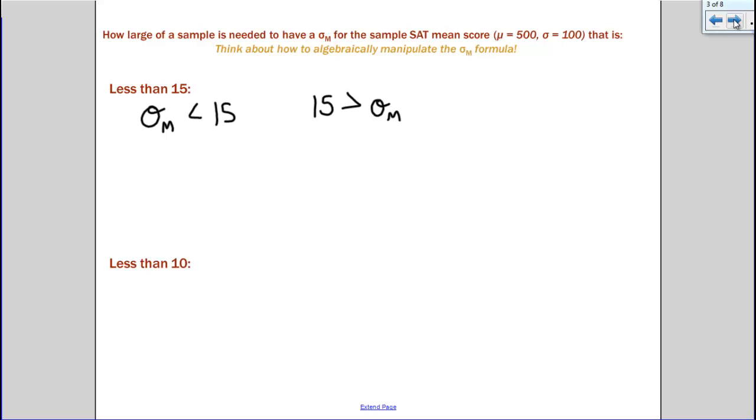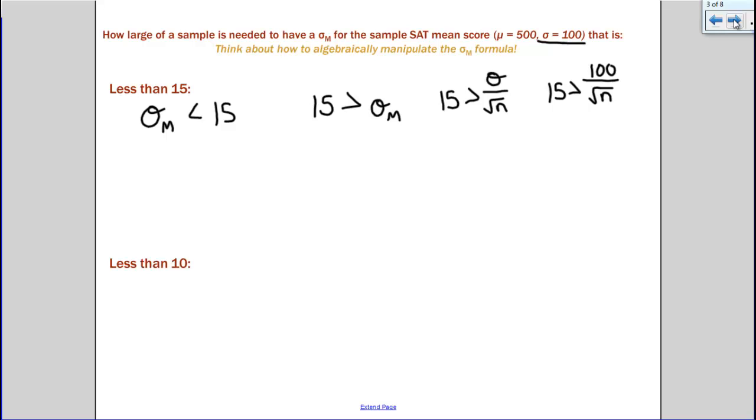Well, another way that you could write this would be with the formula. So you could say, I want 15 to be larger than my standard deviation divided by the square root of my sample size. Well, we know the standard deviation, so let's go ahead and rewrite this, replacing standard deviation with 100. So we want 15 to be larger than 100 divided by the square root of this mysterious sample size that we are trying to figure out.